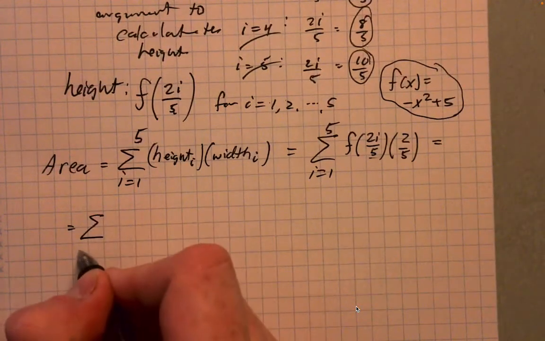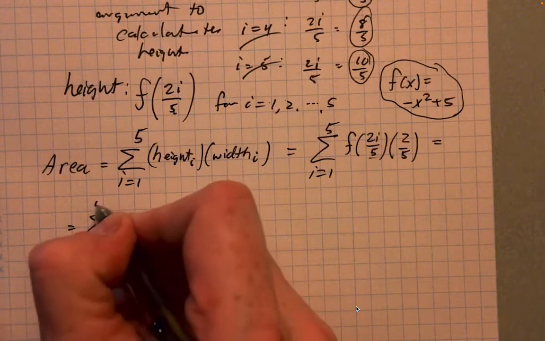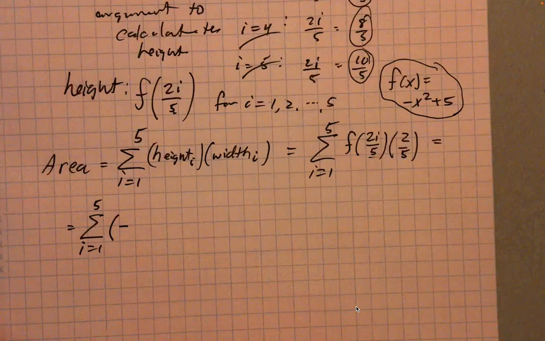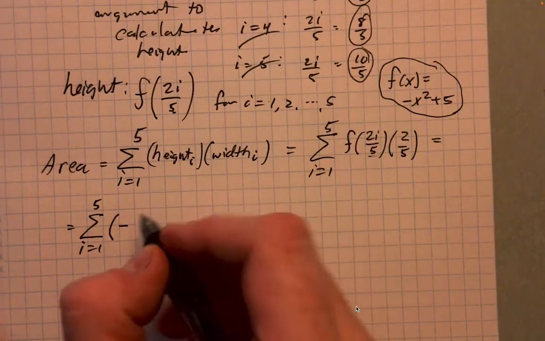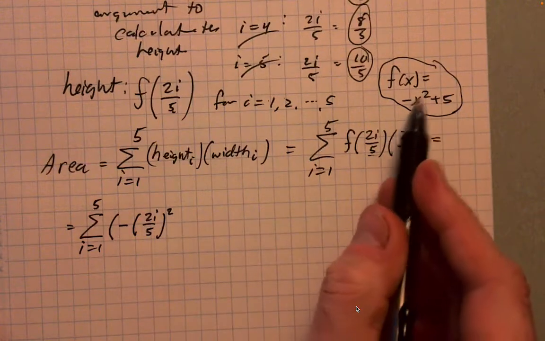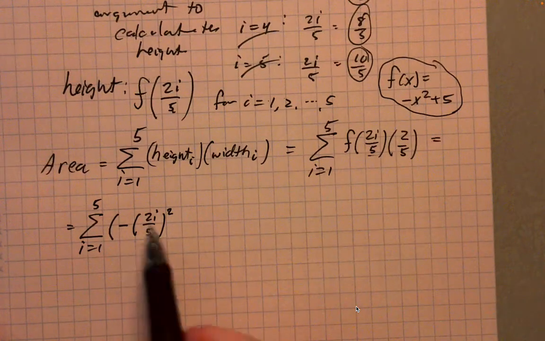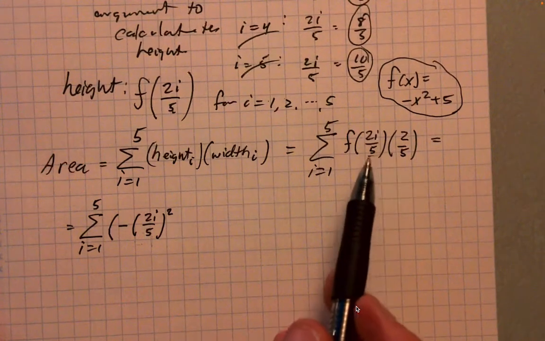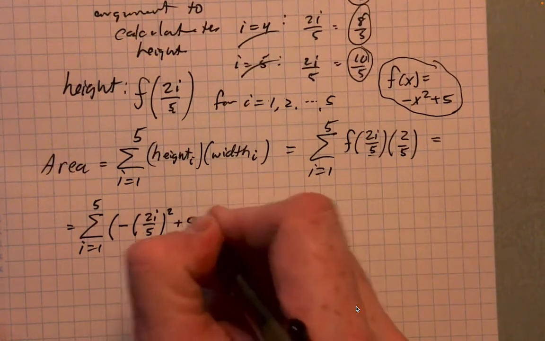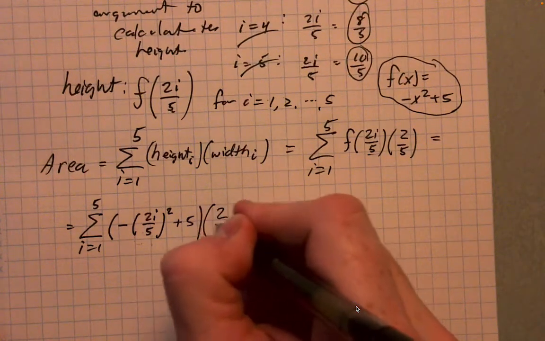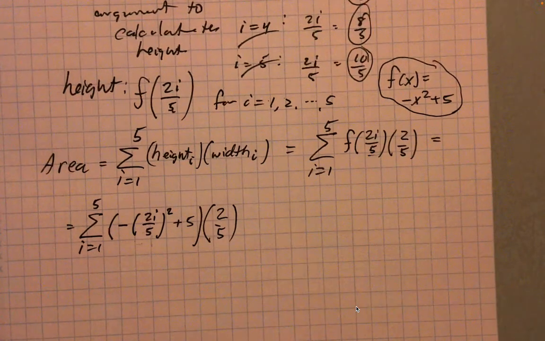So this would be equal to the sum from i equals 1 up to 5 of negative 2i over 5 squared. This is the x squared with the 2i over 5 in there. That's what we're evaluating, f of 2i over 5. And then plus 5. Don't forget the plus 5 there. Then that thing times 2/5. So this is our sum.